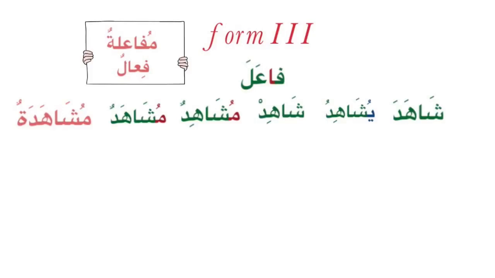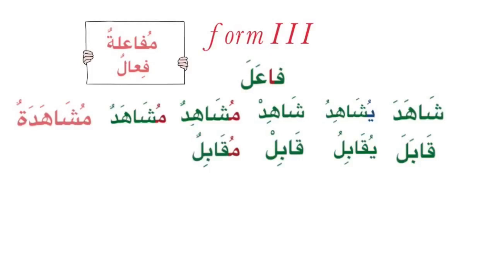For example, shahada, we have mushahadatun, and if we use qabala, yuqabilu, and qabil is amr. He meet, telling somebody meet. So ism fa'il will be muqabilun, and ism maf'ul we're looking at muqabalun.